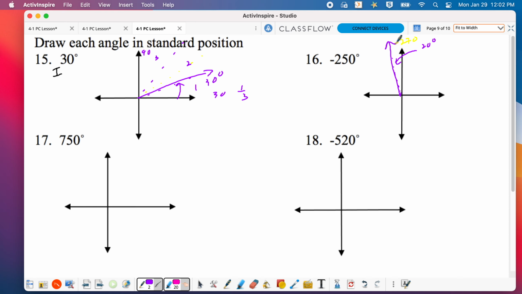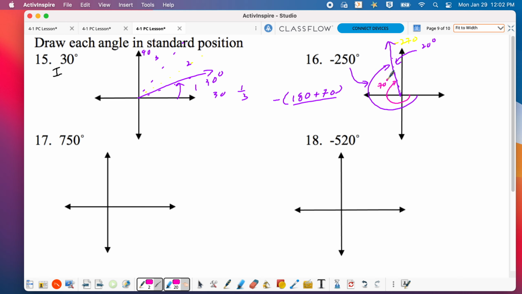That means if I stop short of 270 by 20 degrees, that angle is negative 250. Another way is I can think of 250 as 180 and 70, where I rotate down 180 degrees, and then I rotate another approximately 70 degrees. Either way gets us there.